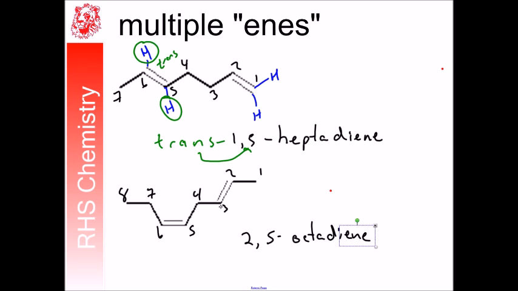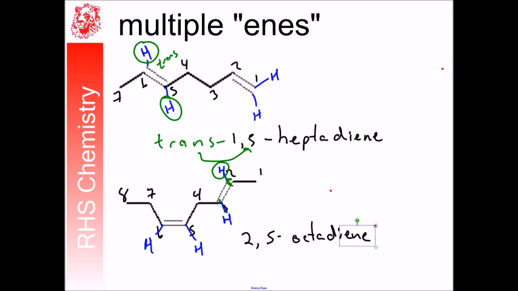Now, looking for cis and trans. Again, I'll put in my hydrogens. This is going to be an example. Looking at the smaller groups is better. So if I look at this carbon right here, out of these two, the methyl or the hydrogen, which one is smaller? Well, that one is.